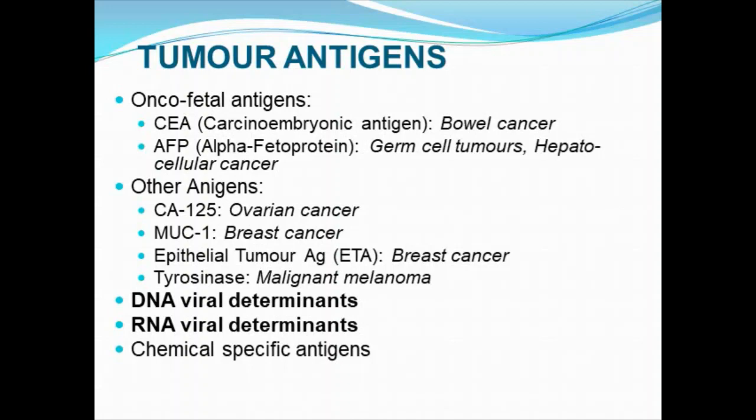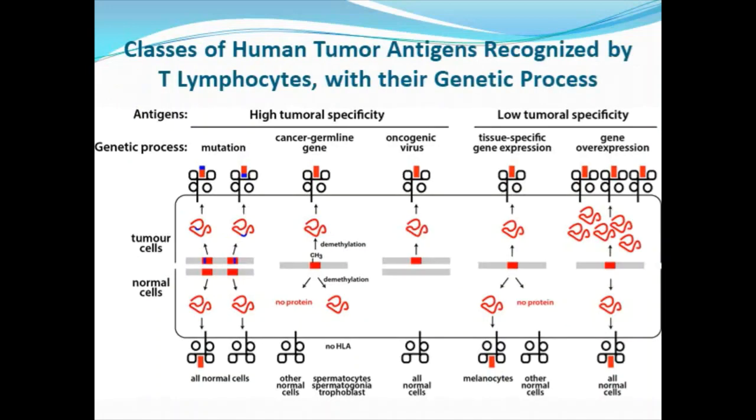So these are microbial viral determinants which may cause cancer. So classes of human tumor antigens recognized by T lymphocytes with their genetic processes. You can see here there is high tumoral specificity of oncogenic viruses. So oncogenic viruses can affect all types of normal cells and can convert the normal cells into tumor cells.